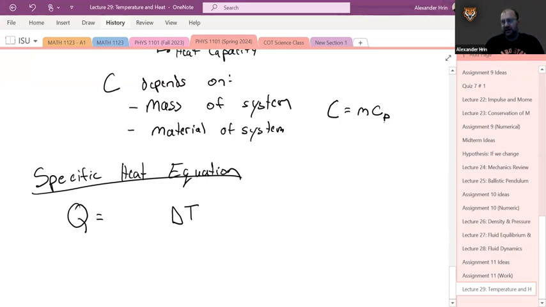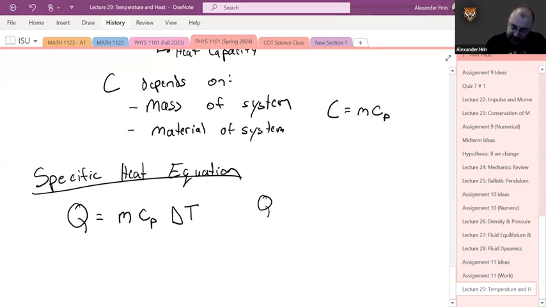The subscript P stands for at constant pressure, which I'm not going to go into. That gets to be relevant when you start doing more analysis of heat flow into gases, which I don't think we're really going to do. But in any event, the specific heat equation then looks like this. Okay. And I'll try and make it a little clearer, that's a lowercase c.